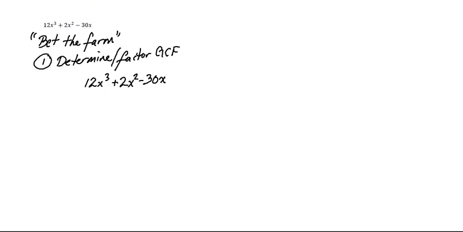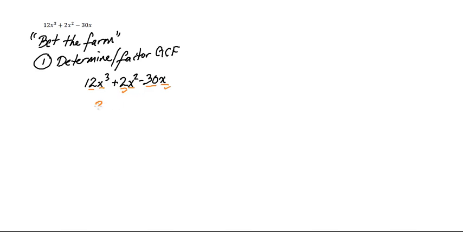And once again, this is just supposed to be kind of a review type situation. So this will be a little quick, but I see a 12, a 2, and a 30. So the biggest thing they have in common is the 2. And I've got an x cubed, x squared, and an x. So the biggest thing they have here is an x. Okay?